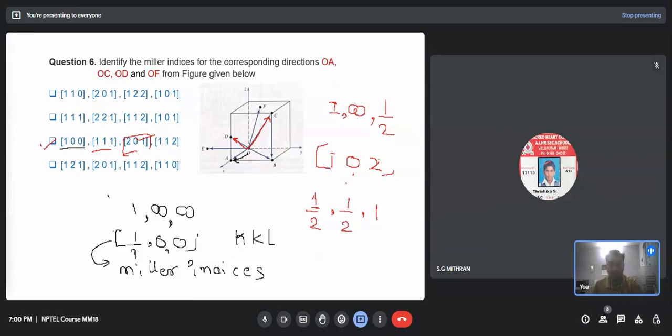So if we take the reciprocal, it will come to 2, 1.